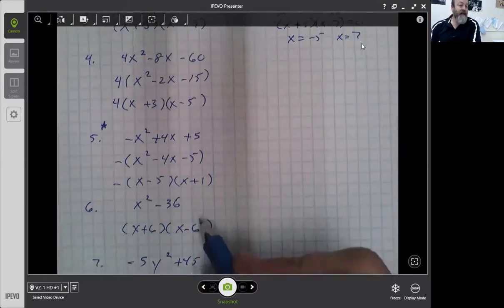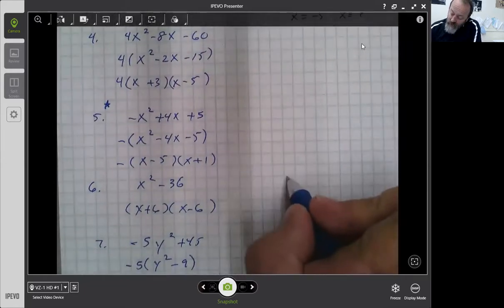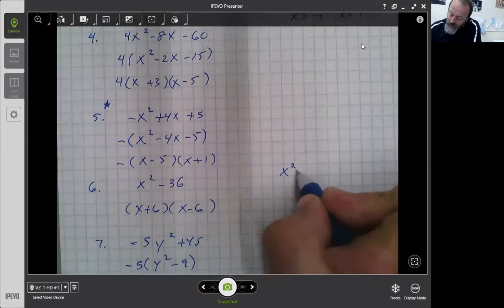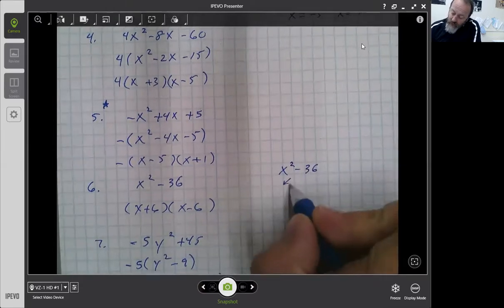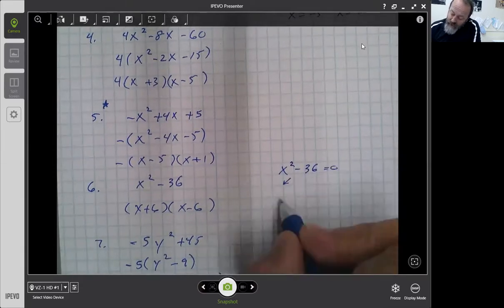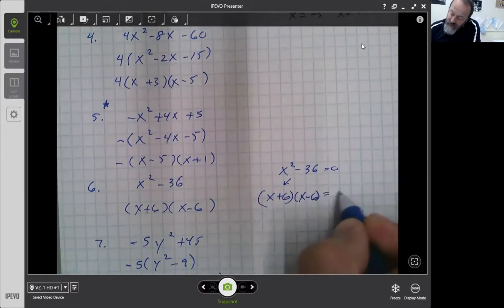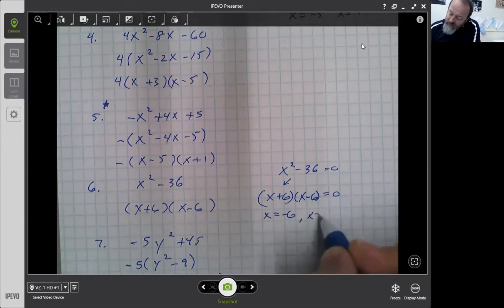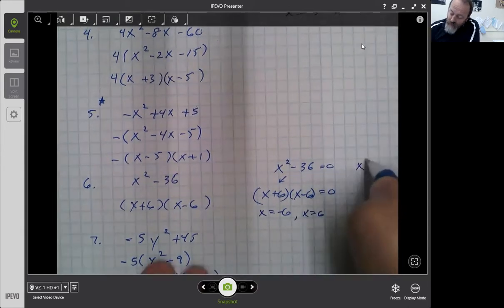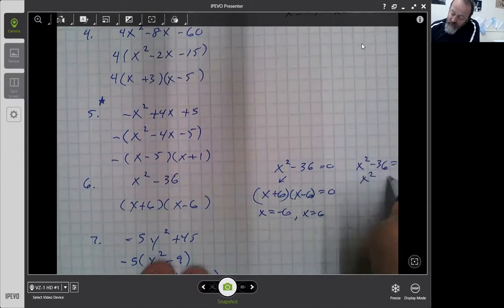Now, I guess in number 6, some people would look at this problem in a variety of ways. Some people would look at this problem as x plus 6, x minus 6 is 0, which would lead me to -6 and +6. Other people would take a look at this problem, and you'll see this in a video that we do later.